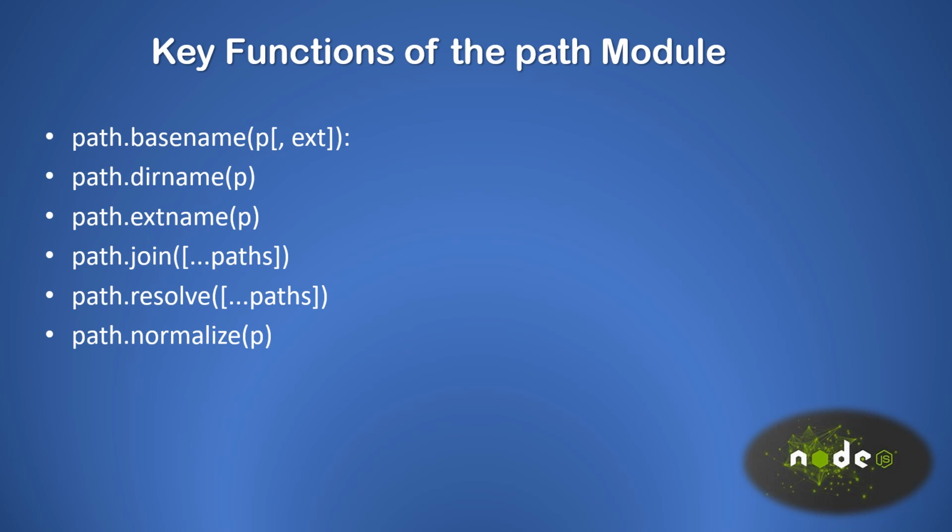Join combines multiple path segments into a single path. Resolve resolves a sequence of path segments into an absolute path. And normalize, as I said, cleans up paths, making them simpler and easier to work with. I will be deep diving into all of these in the upcoming slides.